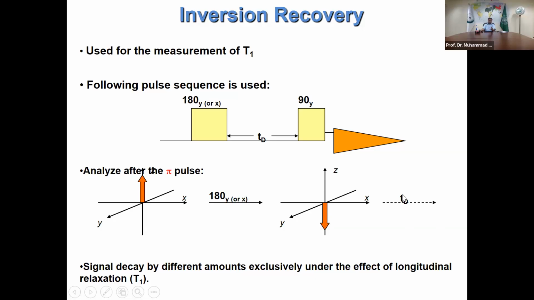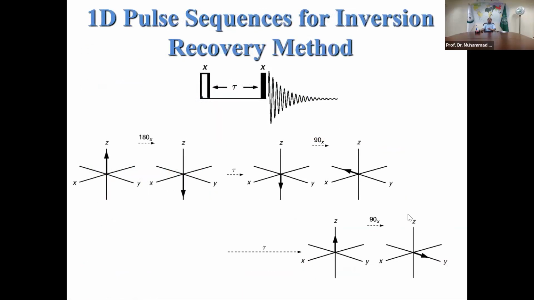For instance, 1 second, 2 seconds, 3 seconds, every experiment is different. This is the representation. Okay, 180x pulse.